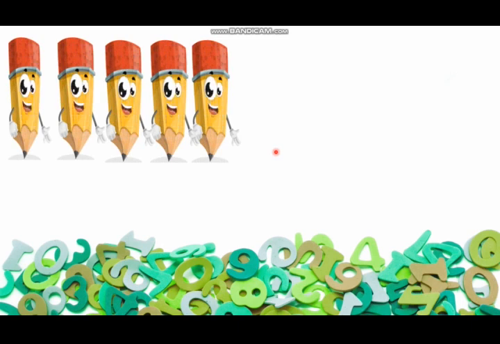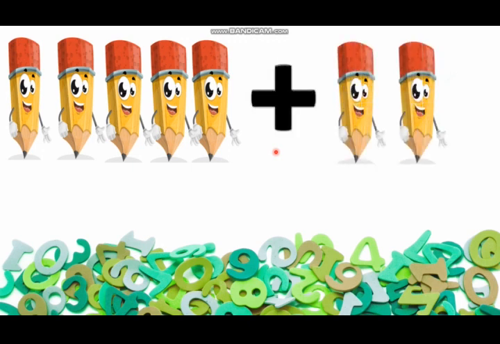Now, you are already aware of how to add. Can you see the pencils? Yes, it is a funny pencil. Now, I want you to add these pencils. How many pencils can you see here? 1, 2, 3, 4 and 5.